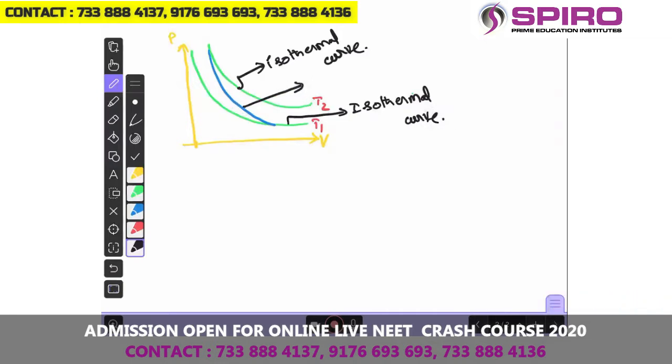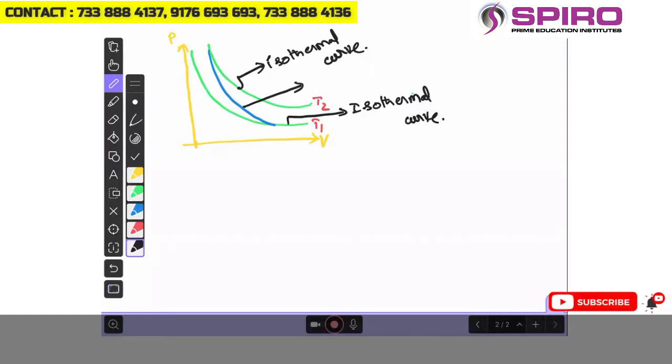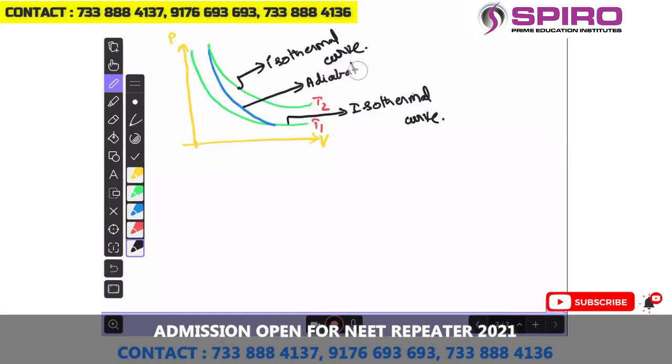You can observe clearly that the steepness of the adiabatic curve is greater between two different temperatures.